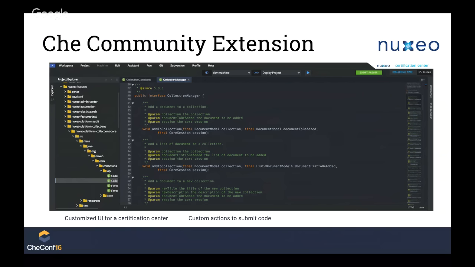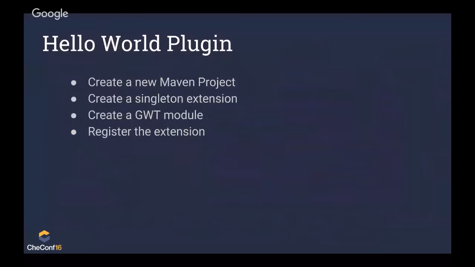So there are many ways you can extend Che, but how will it look? Let's do a quick Hello World plugin, and the very basic steps are to create a new Maven project. Then we will create a singleton extension. We will then create the GIN module and then register the extension inside of Che.